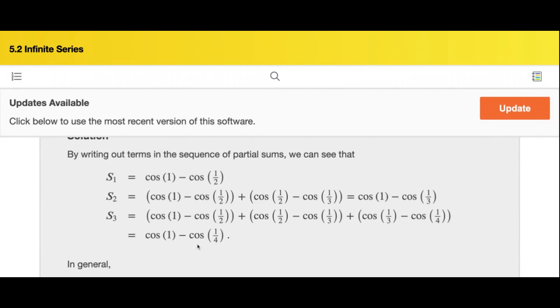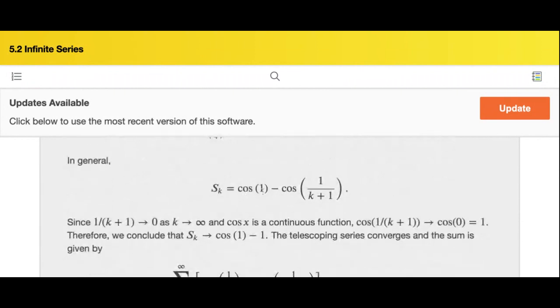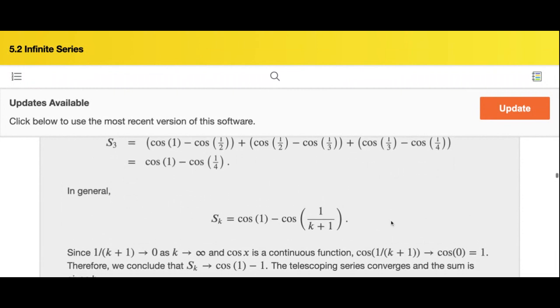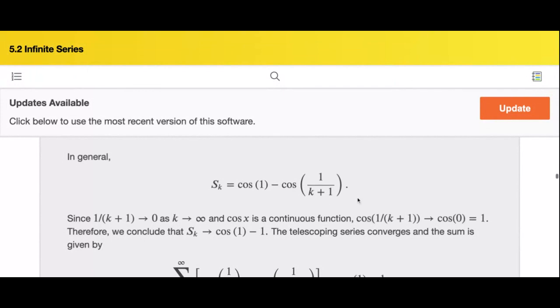So we are left with cosine 1 minus cosine 1/4. So in general, we see Sk equals cosine 1 minus cosine 1 over k plus 1. Right? You see S3 is cosine 1 minus cosine 1 over 3 plus 1. So Sk has this form, cosine 1 minus cosine 1 over k plus 1.